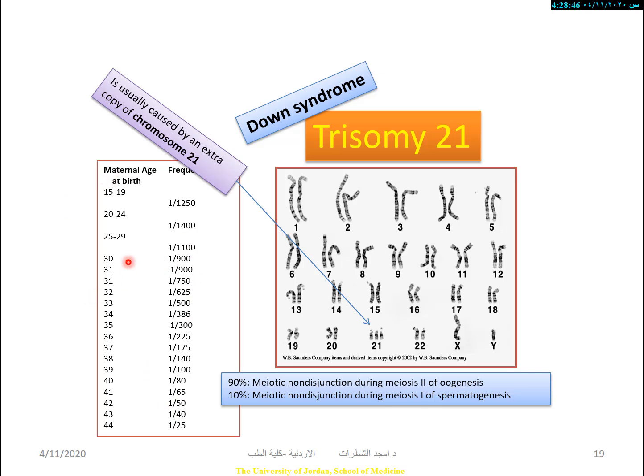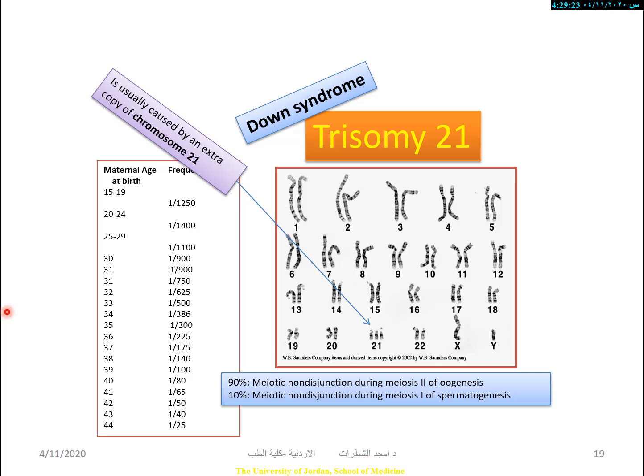The message here, don't memorize this, you just need to understand that the chances for Down syndrome to take place increase with age, and you also need to understand how to explain this, as I mentioned to you minutes ago. My message to you here is that we have to understand what is the difference between you and Down syndrome people.